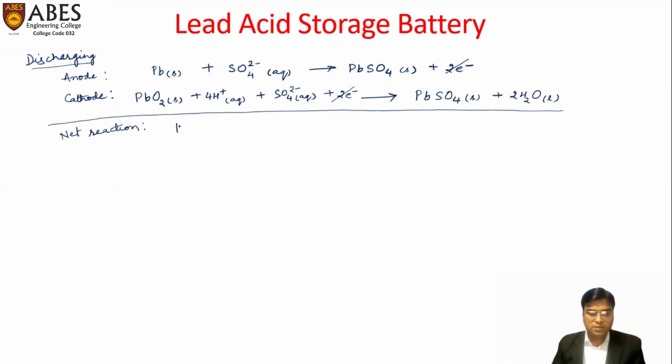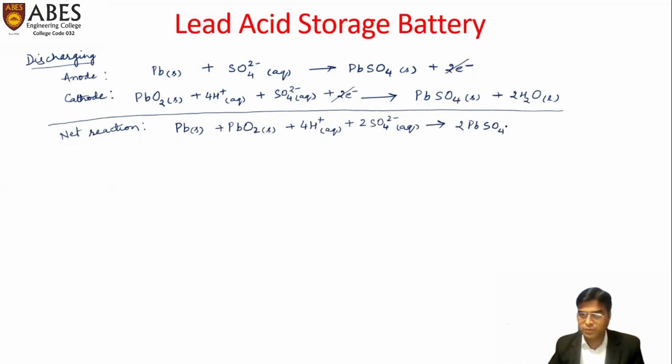They cancel each other. So it forms Pb. The 2 moles of lead sulfate have produced 1 mole and 1 mole. It is precipitated.